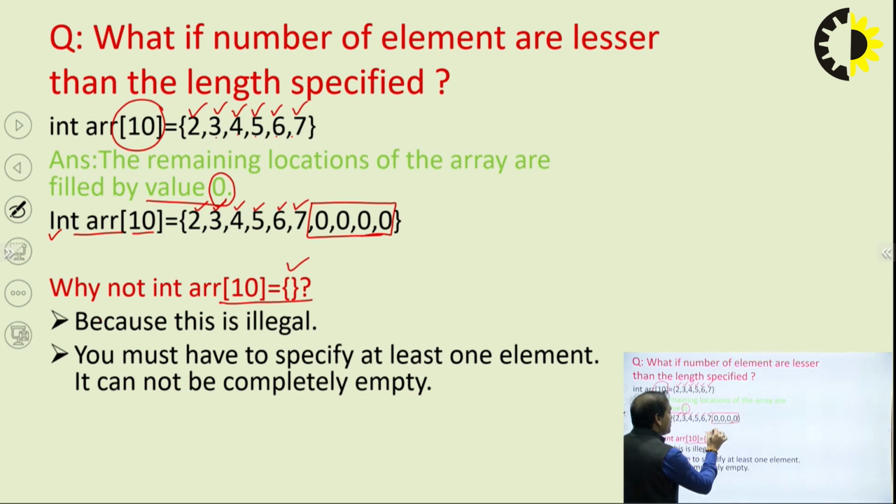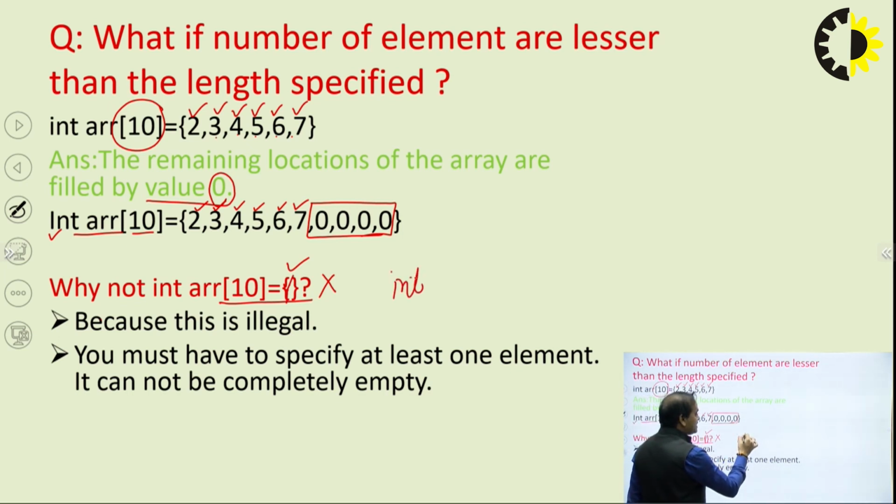Why not int arr[10] equal to blank curly brackets? What is meant by this? This is a wrong method. We can't leave the curly braces empty. We have to insert at least one element in the curly brackets.